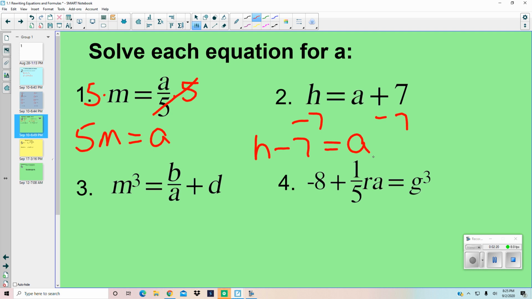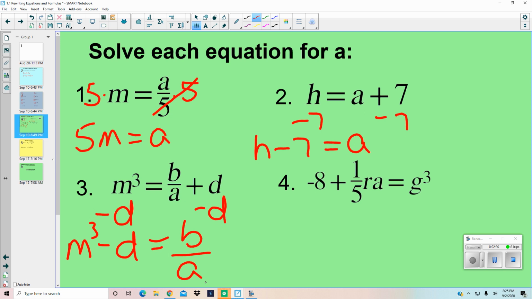3 and 4 get a little trickier. I have to isolate that A term in number 3, the B over A, but first I'm going to move the D by subtracting. So think of it just as a number. What I have is M cubed minus D equals B over A. Can you see that's similar to number 1?